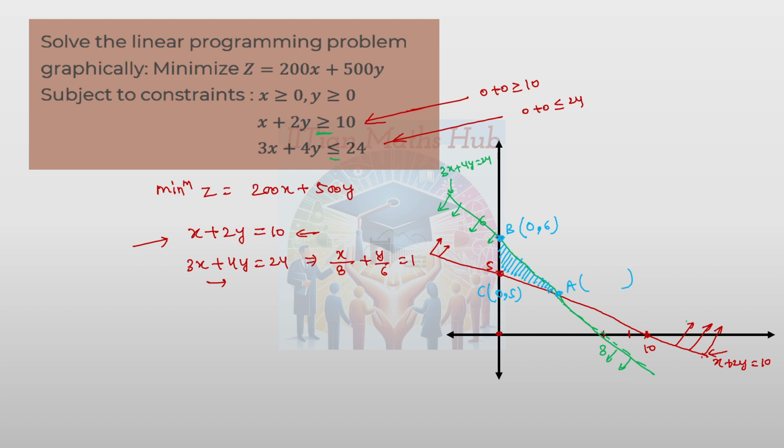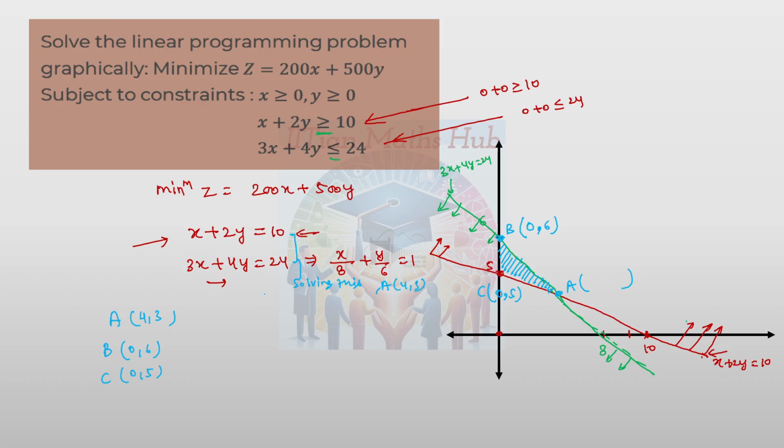Point of intersection. So what is the point? Anyone solved it? 4 comma 3, right? So we'll be getting 4 comma 3 after solving this. A is 4 comma 3.